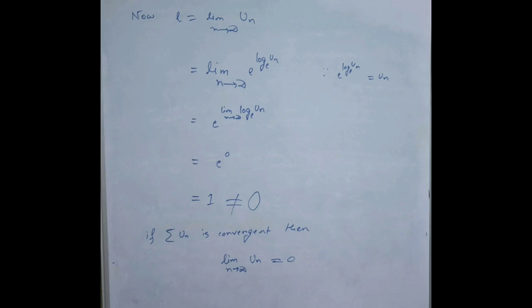So we have L equals e to the power 0, that is 1, and this is not equal to 0. So first of all we get our value L equals 1, and we know that if the series un is convergent, then the limit as n tends to infinity of un must be 0. But since here the limit of un equals 1, not equal to 0, so the series un is divergent.